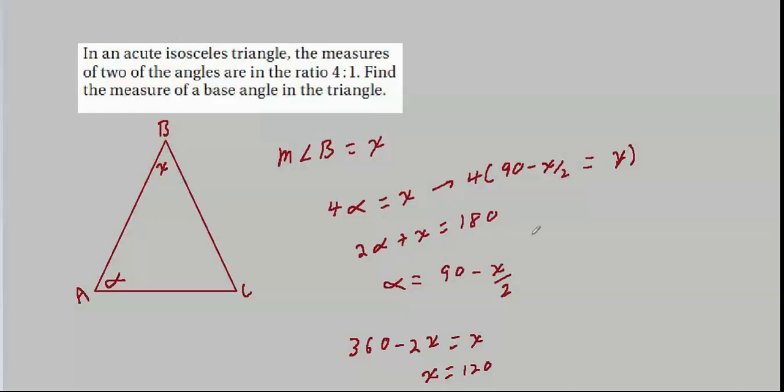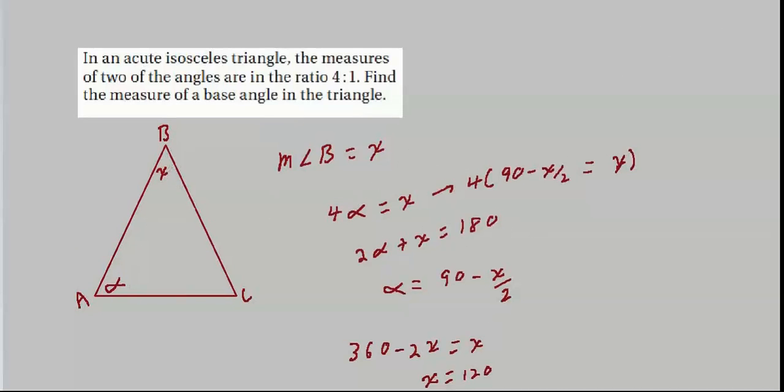What did we do wrong here? Well, there are two choices. We could have had that x is 4 alpha, or we could have alpha is 4x. So let's try it the other way. Don't get dizzy.